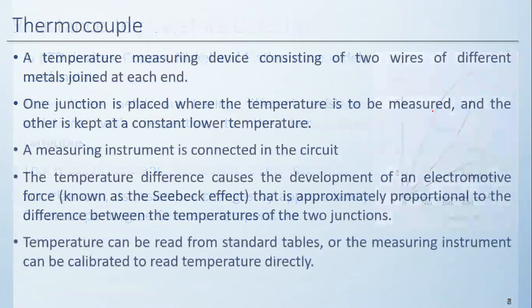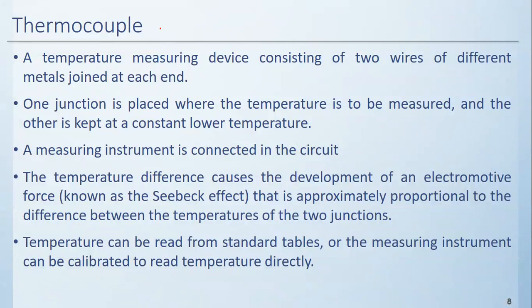Okay. Now the next one is the thermocouple. A thermocouple is a device which works on the Seebeck effect. It has two wires made of different metals, and they are joined at each end.